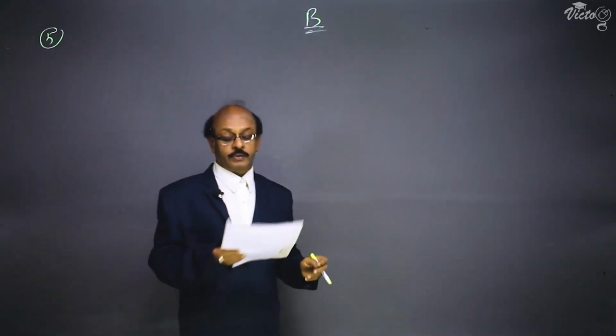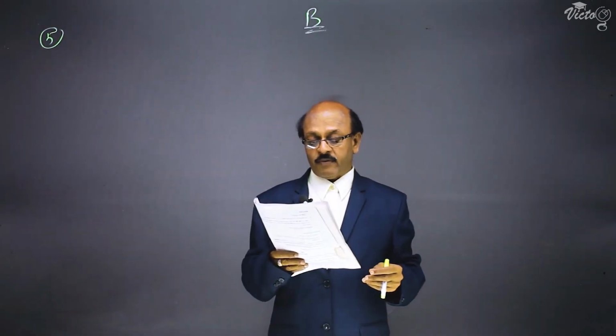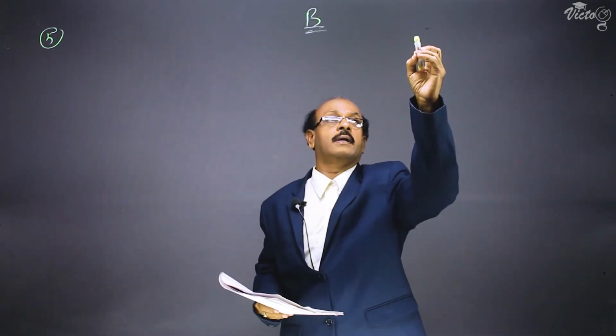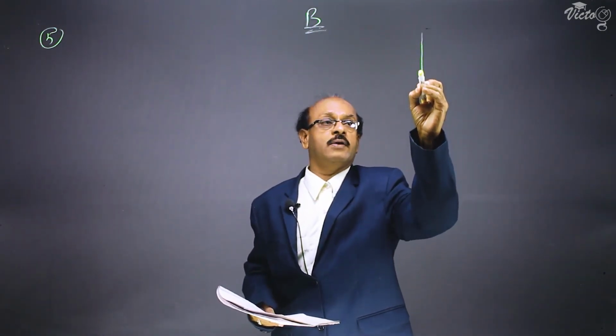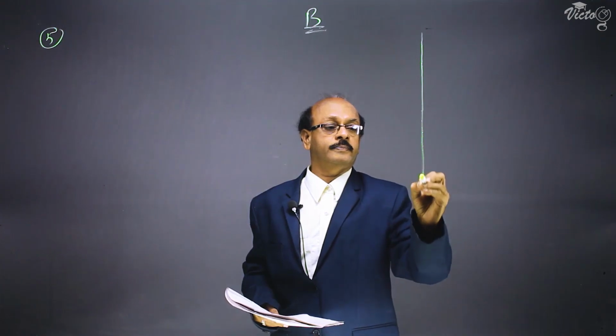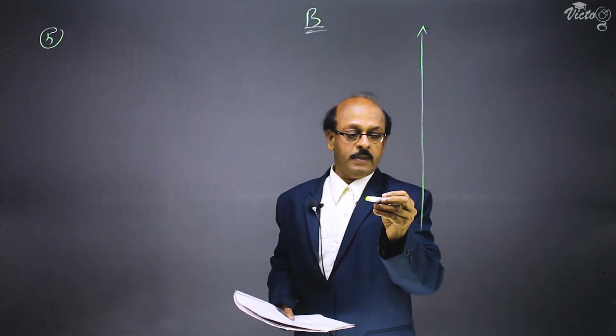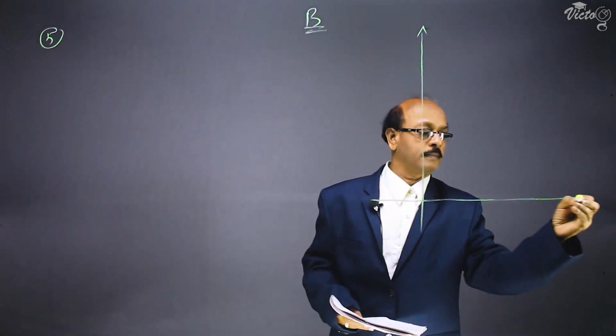Here also we have to draw a rough sketch. A line intersects the y-axis and x-axis at the points P and Q respectively. Let this be the y-axis and this be the x-axis.